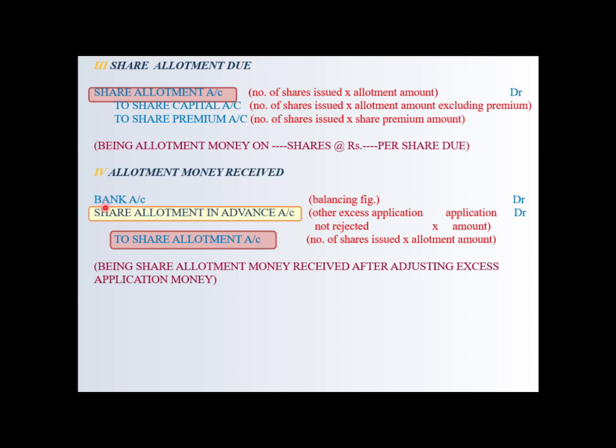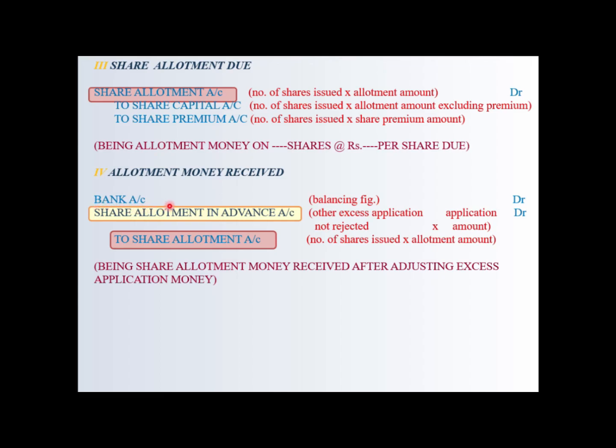Then bank amount. Bank amount will be the difference of share allotment amount and share allotment in advance amount. That is, from share allotment amount you will subtract share allotment in advance amount, you will get bank amount, that is the balancing figure. I will again repeat this entry.